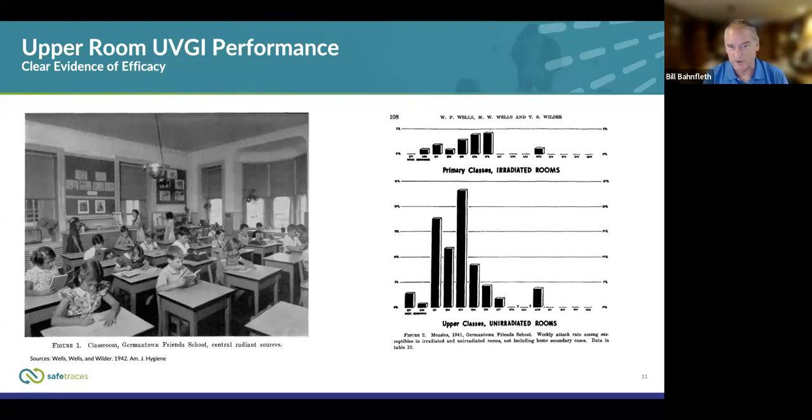You can see on the right the difference between new cases of measles per week in classes that were treated with an upper room system and those that were not, and it was a very dramatic difference, and there are other studies that document that. So we'll just repeat that as groundwork and go to the next slide.